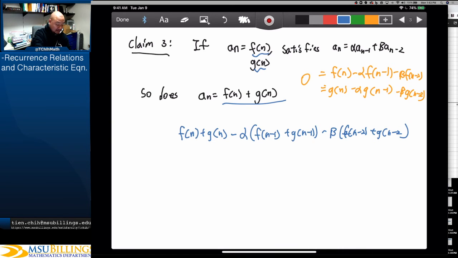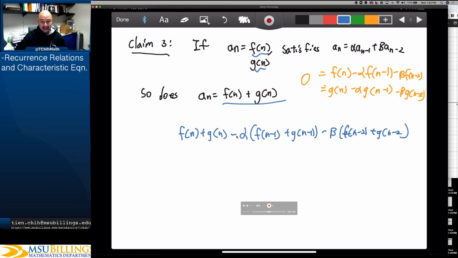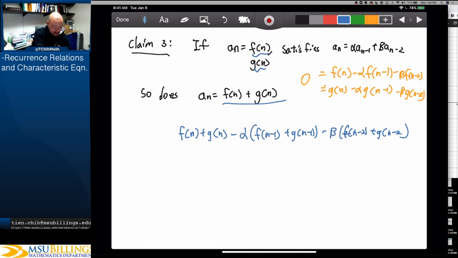Well, we should note some things here. First of all, I can distribute these negative alphas and negative betas through these sums, right? Once I do that, I should be able to group f's together and g's together.